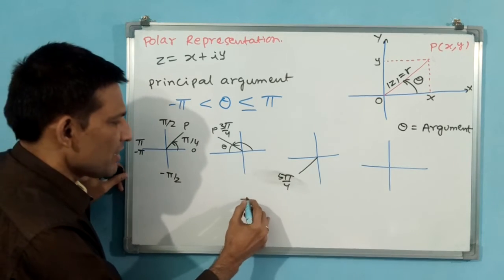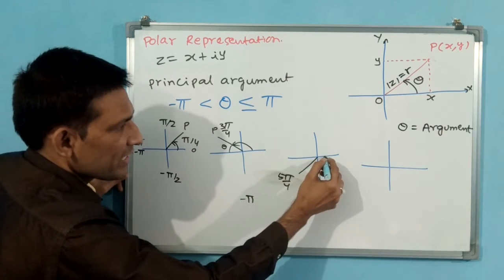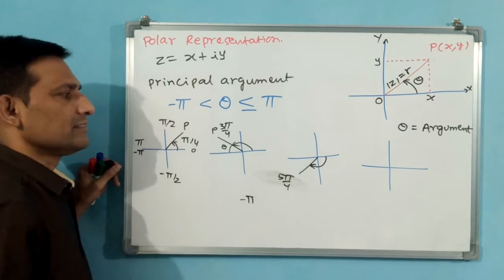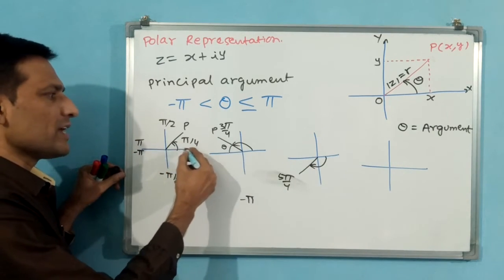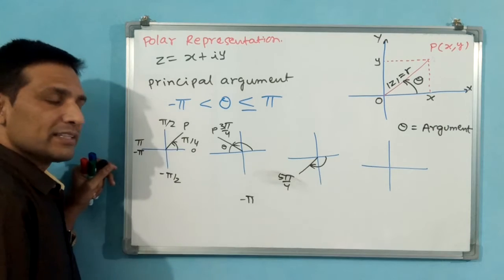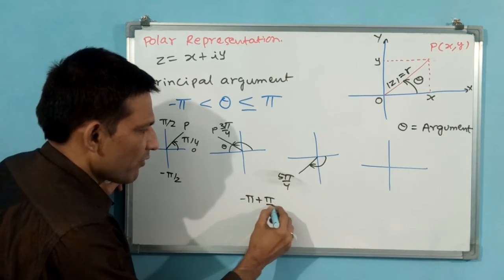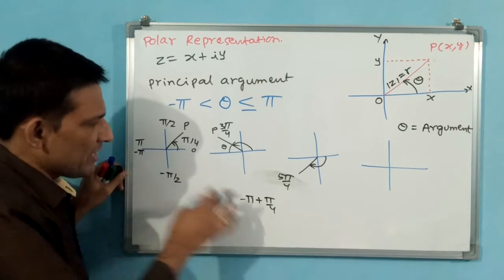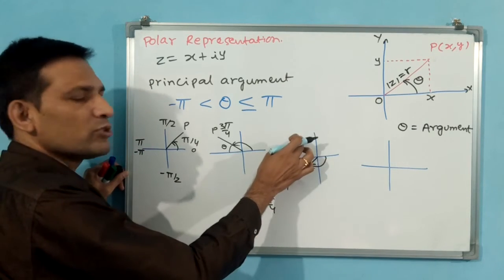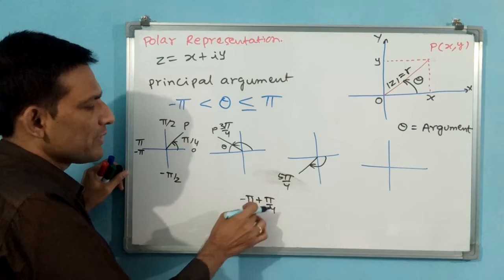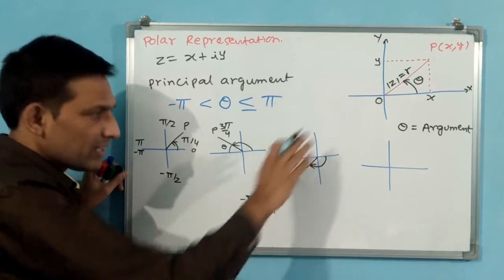Minus area means you take minus pi in this direction, this angle. Now these two are in positive direction, but here this is in negative direction. Minus pi plus pi by 4. Why plus pi by 4? If you make minus pi by 4, minus also it is going to cross. Both become minus and it is going to come here in this direction.